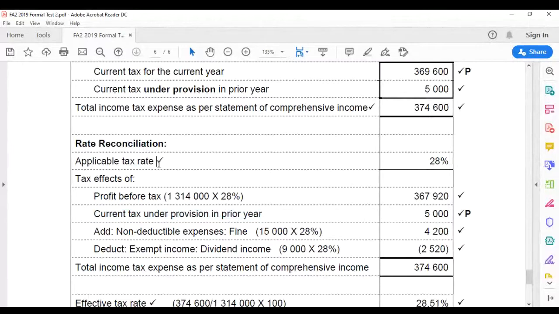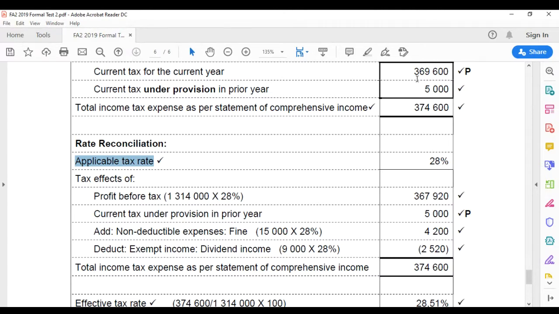Okay, so how do we start this second part of the note, which we call the tax rate reconciliation or rate reconciliation? We start by disclosing the applicable tax rate. So we type there, applicable tax rate. That is the rate prescribed by the Income Tax Act.